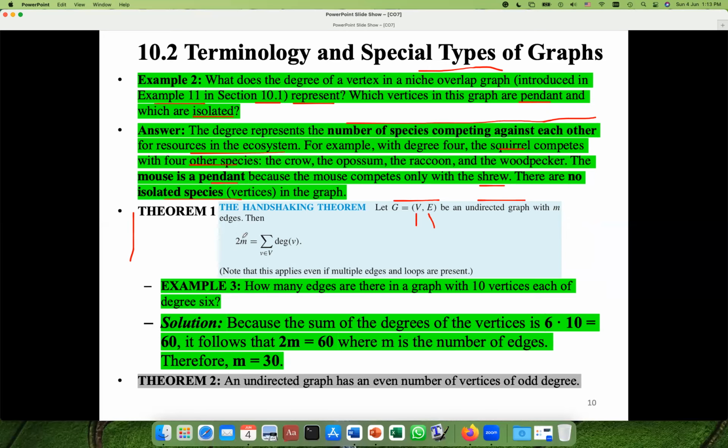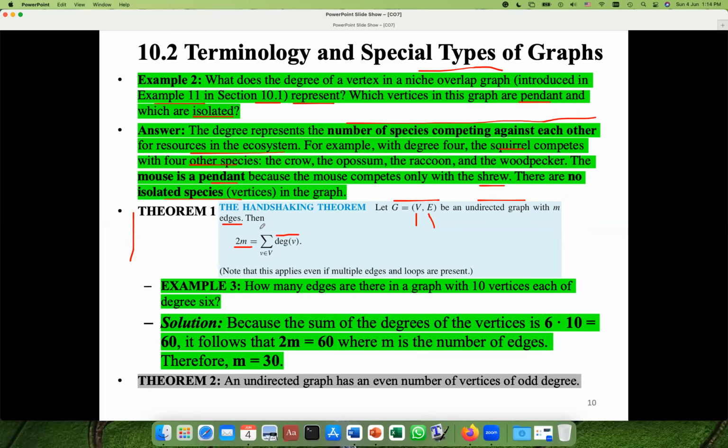This means that you can double the number of edges, where M is the number of edges, and it would be equal to the sum of all the degrees of the vertices.